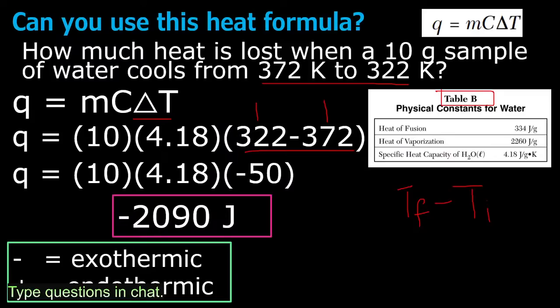You should know when to use the heat of vaporization formula, when we're talking about vaporizing or boiling point. If it's water, we're simply using the value from Table B. If it is not water, you have to be given the heat of vaporization, or you have to be given the heat, so then you can calculate the heat of vaporization.